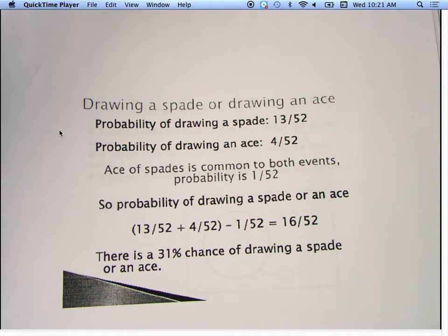And then we're going to move to independent and dependent events. Are we good?